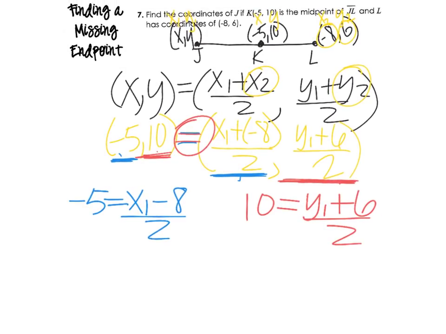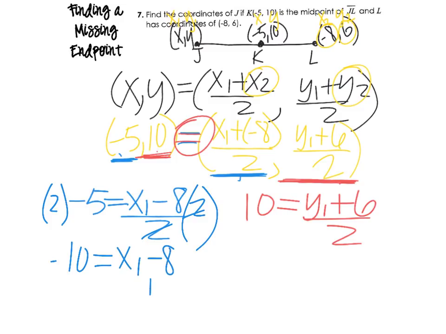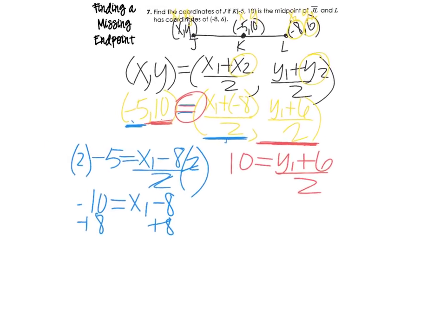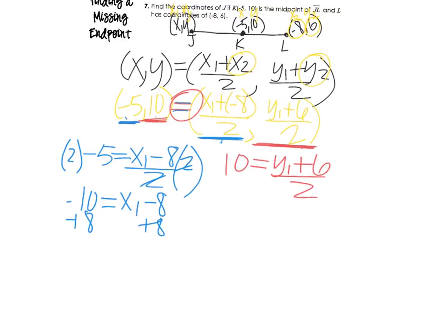So now solving for x1. In order to get the x1 by itself, first thing we need to do is multiply both sides by 2. So we get negative 10 equals, these 2's will cancel out, x1 minus 8, add 8 to both sides, and we get that these will cancel out, so negative 2 equals x1.